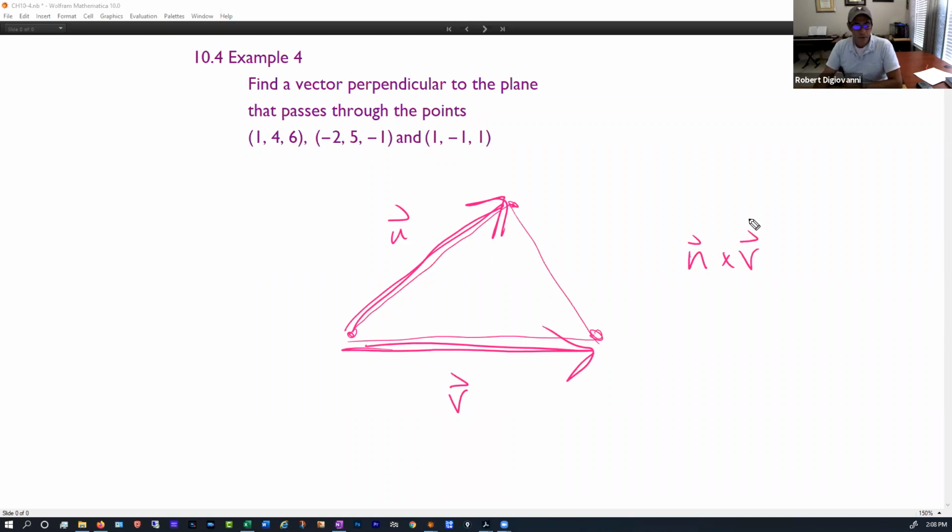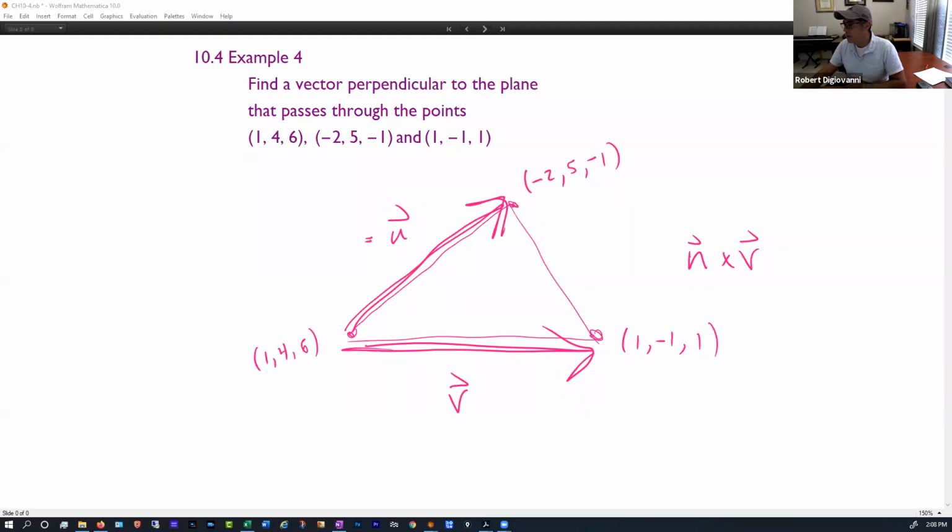Understand? So let's just label these points. I'll label this one 1, 4, 6. It doesn't matter how we label because we're in 3-dimensional space. Okay, so let's say those are my 3 points. Let's go ahead and figure out what u is.